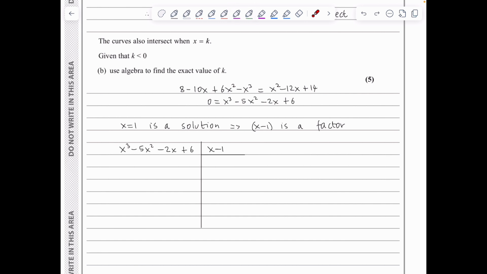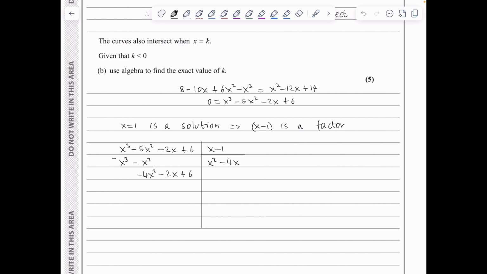So x will be multiplied by x squared to get x cubed, and I've got a minus x squared as well, and I deduct. Then the x cubed with the x cubed cancel out, and the negative 5x squared minus negative x squared will give me minus 4x squared, and I get the negative 2x plus 6 down as well.